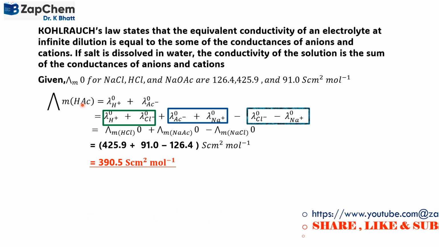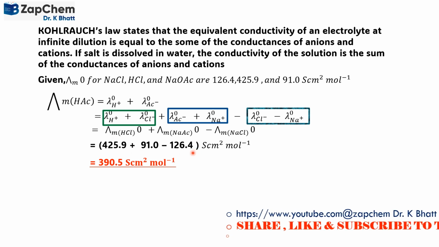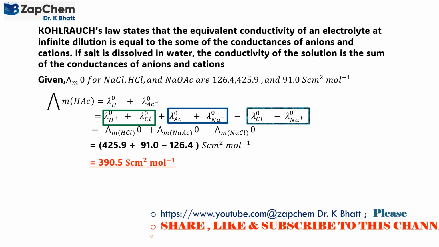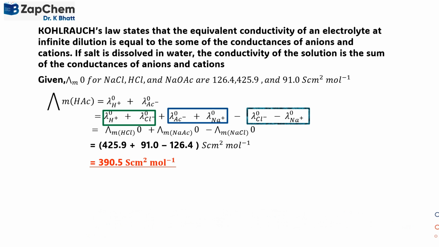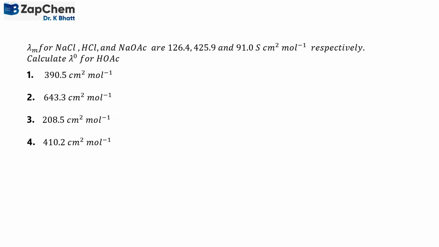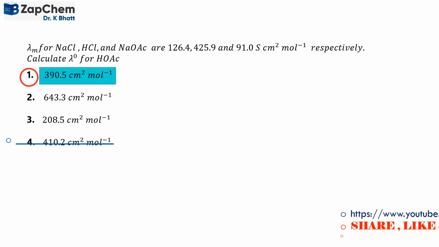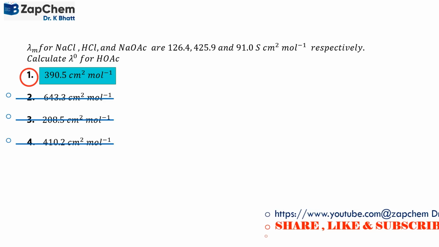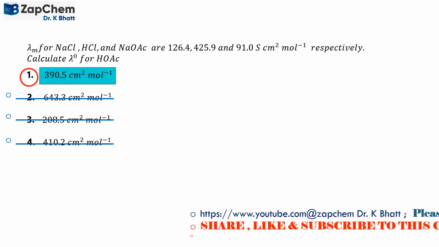Then put up the values here and you get the correct answer as 390.5 Siemens centimeter square mole inverse. So definitely now, as per calculations, we can say that option 1 is correct. Other options are not applicable over here.